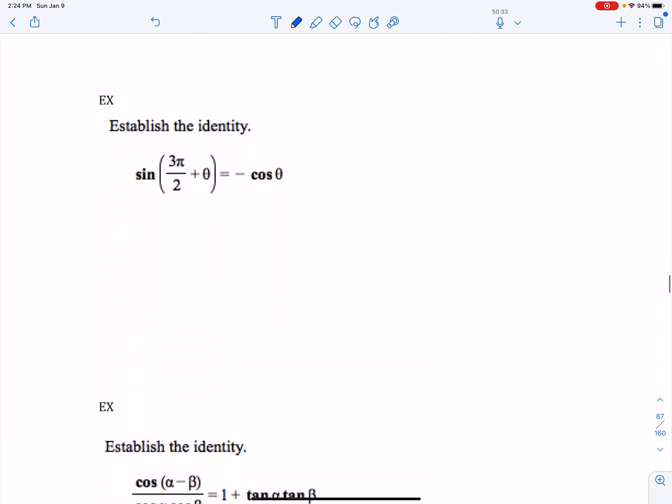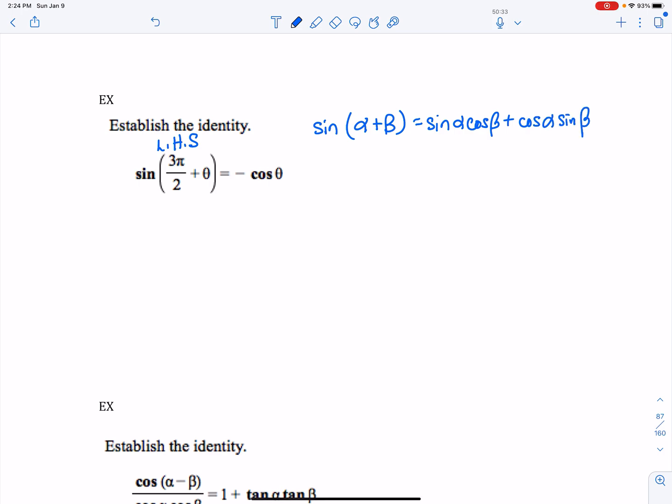Now this one says to establish identity, no problem, we can do this. The left-hand side looks more complicated, so I'm going to do that. And we know that sine of alpha plus beta is equal to sine alpha cosine beta plus cosine alpha sine beta.